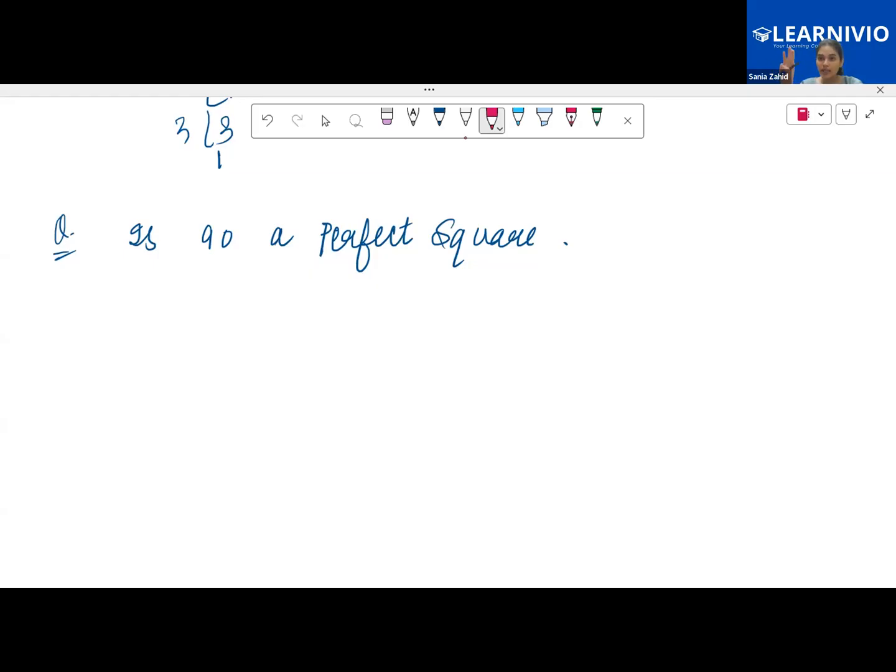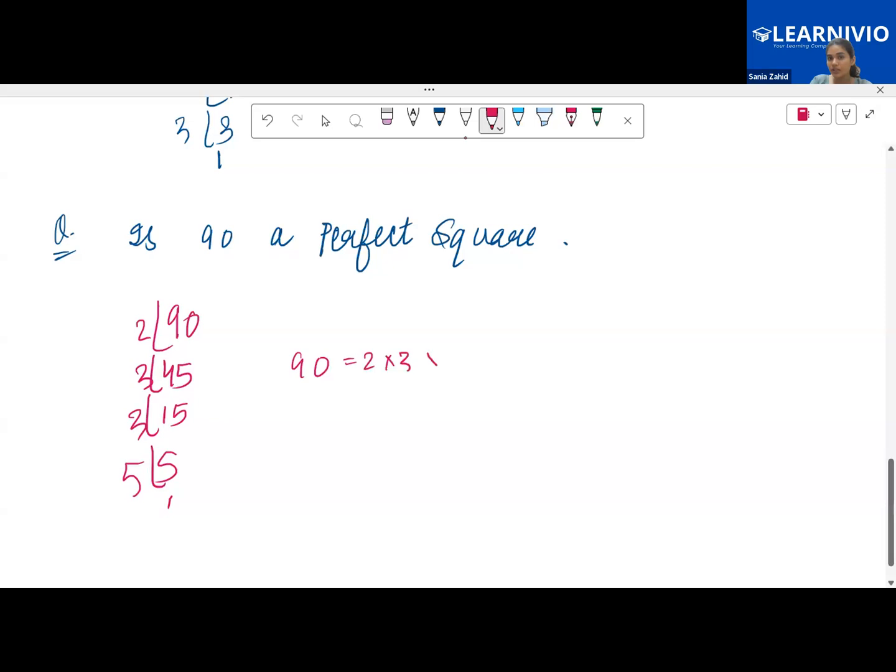Now we come to a third method in this exercise, which is prime factorization. With prime factorization also, you can check whether a number is a perfect square or not. Prime factorize 90. My answer is 2 into 3 into 3 into 5.